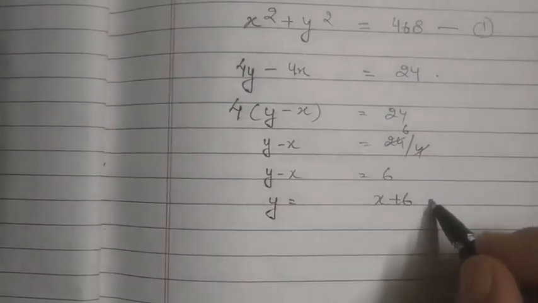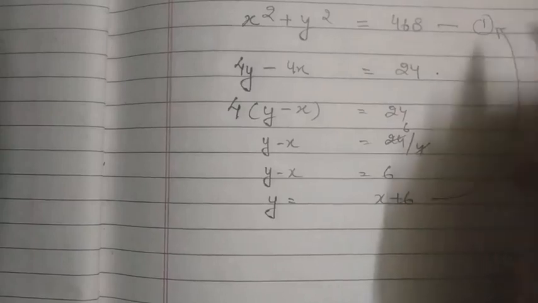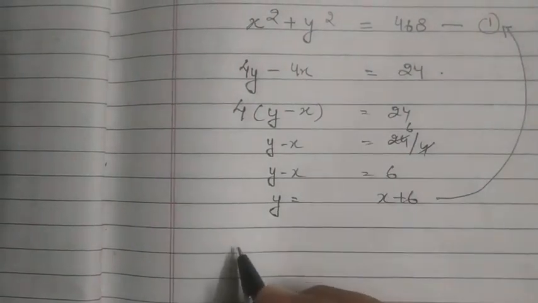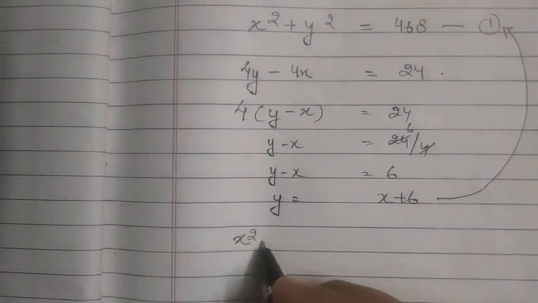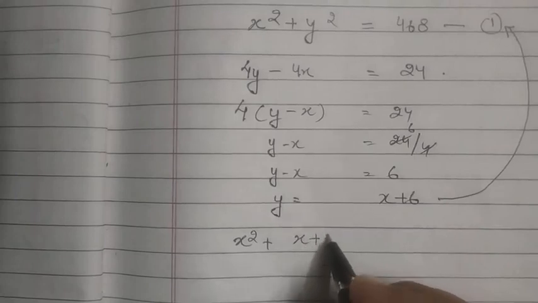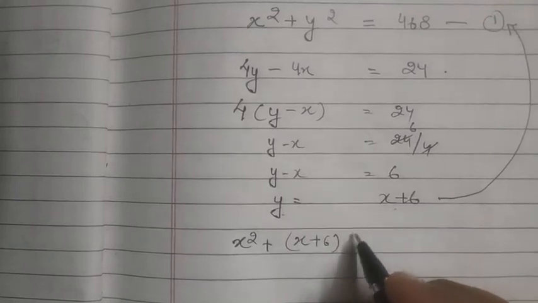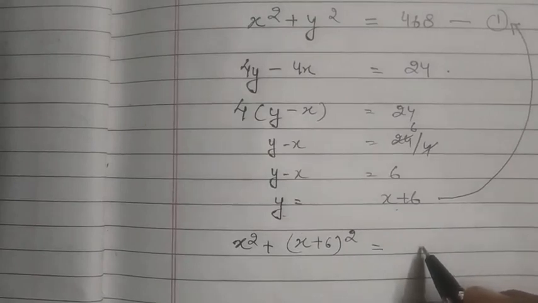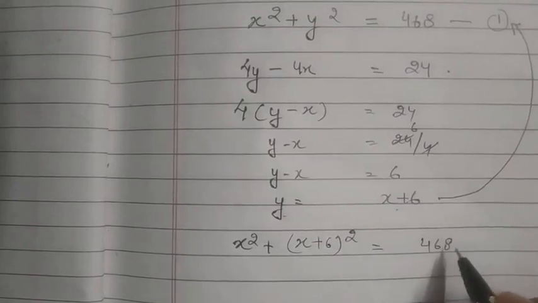Now substituting this value in equation number 1, we will get the equation in terms of x. X square plus y square, where in place of y we write x plus 6, is equal to 468.